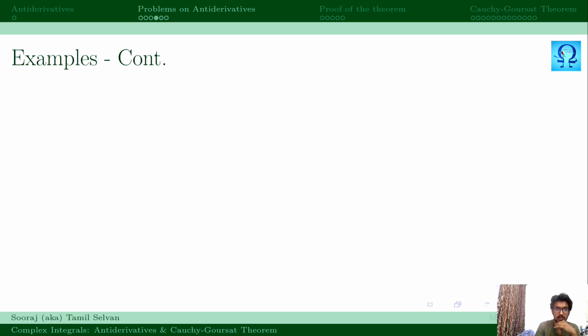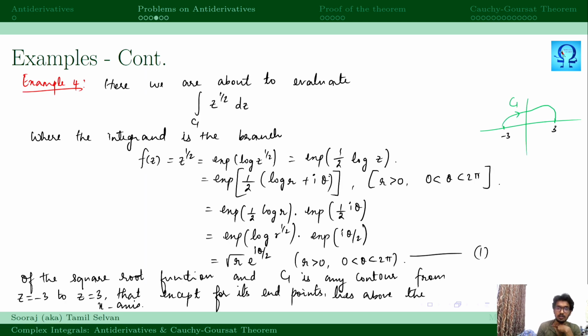Next, in this diagram, in this contour itself, I am going to give you an exercise. Now you will have to consider a contour C2 that extends from minus 3 to 3, below the real axis. So in this case what you have to do is replace this branch.